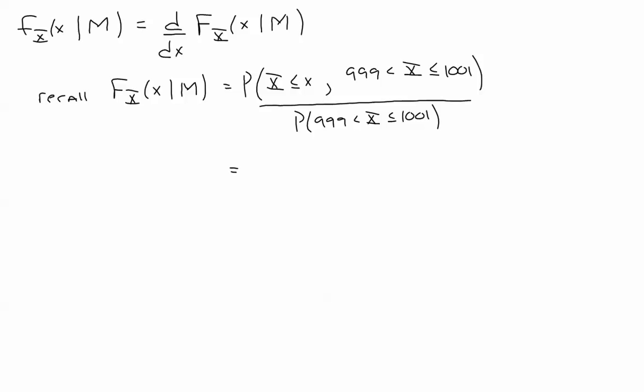This can then be written, you'll notice that the denominator is the probability of my conditional event, which we calculated on the previous slide. So this is 1 over... okay?